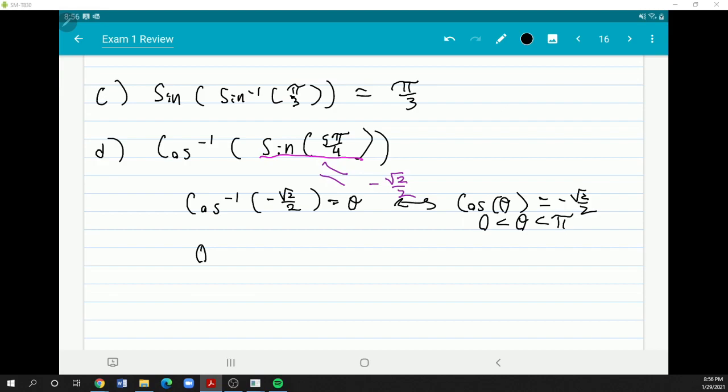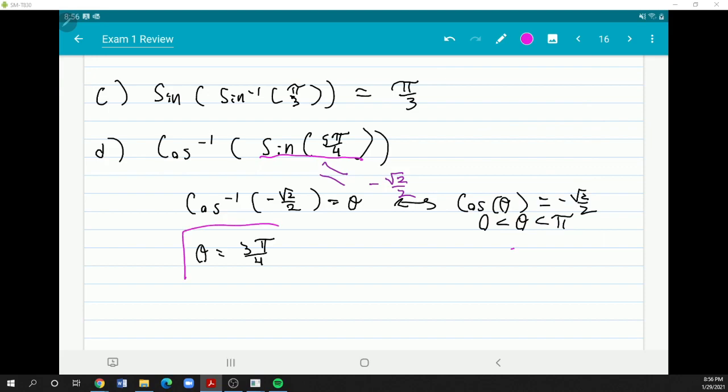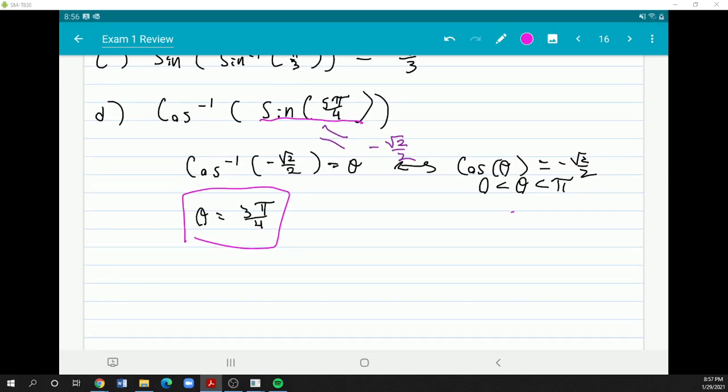That's going to happen at theta equals 3 pi over 4. A good thing to mention on part D is that even if this was sine inverse of sine 5 pi over 4, we wouldn't get 5 pi over 4 back, because sine inverse doesn't spit the right thing out.